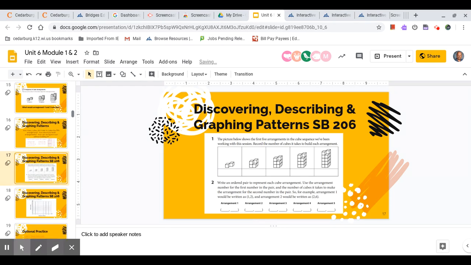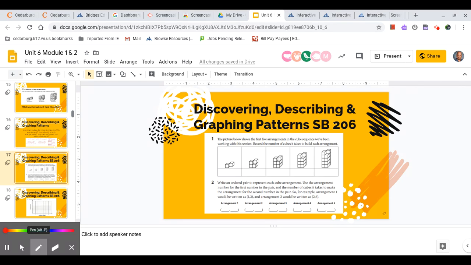All right, so now let's go ahead and take out our student books, open up to page 206. And this is the pattern, or the arrangement, that we just went over. You can fill in the amount of cubes it takes for each arrangement on the bottom.